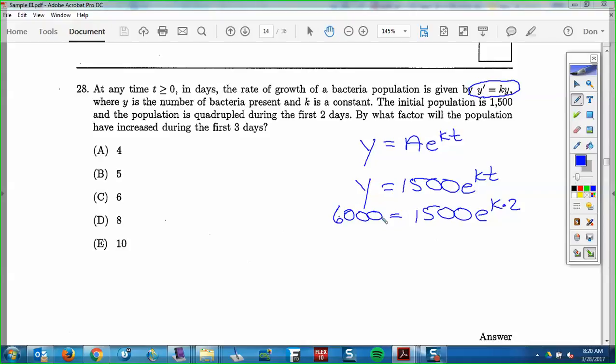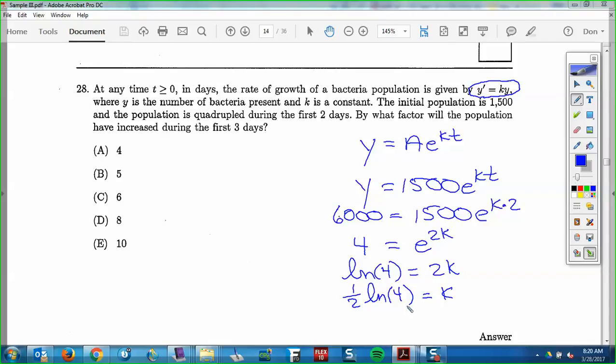Because it quadrupled. So now we can solve this. We can divide by 1,500. Now this is no calculator, we still should be able to do this. So divide by 1,500, which is 4, and then do the ln of both sides. And then divide by 2. Right? And we get that right there.